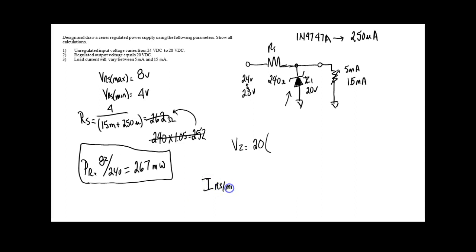IR max would be equal to 8 volts divided by 240. What does that give me? 33.4 milliamps minus I load minimum, 5 milliamps, and then that would be our power.